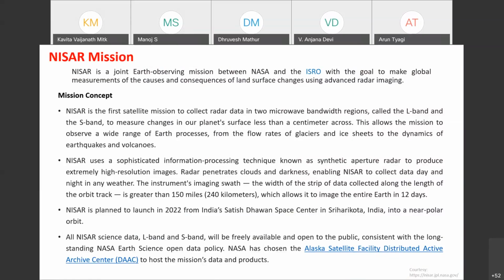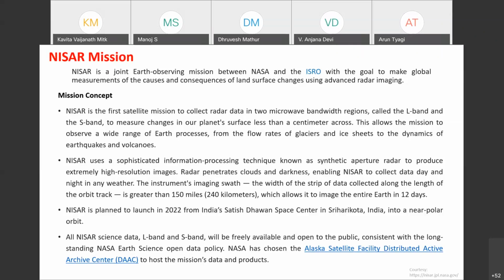The concept is that NISAR is the first satellite mission to collect radar data in two microwave bandwidth regions, that is the L band and the S band, and we'll be measuring the changes with centimeter accuracy. This allows the mission to observe a wide range of Earth processes and also the cryosphere regions, earthquakes and volcanoes.